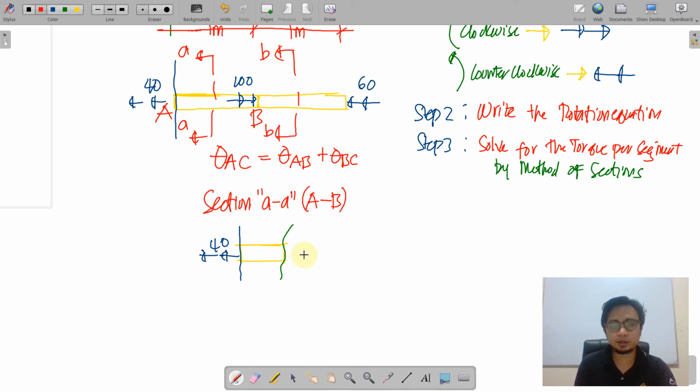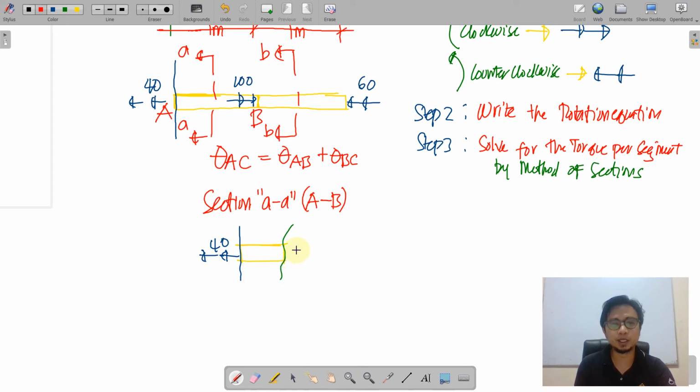So instead of assuming a direction, let us all assume that our direction for the torsion is towards right. So never assume a torsion that is towards left. Just always assume that your torsion is towards right no matter what.